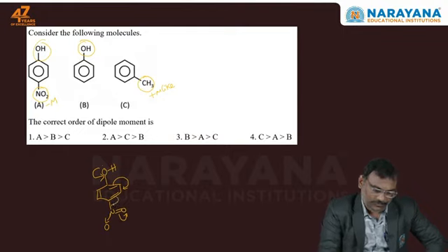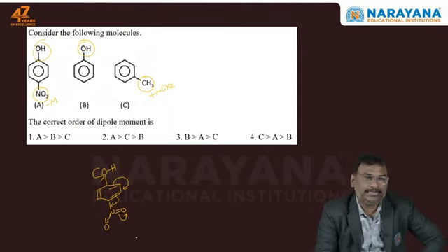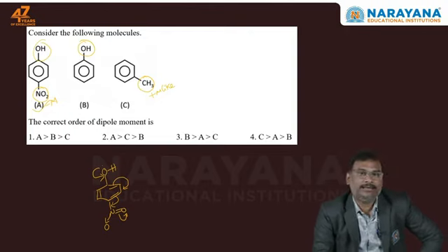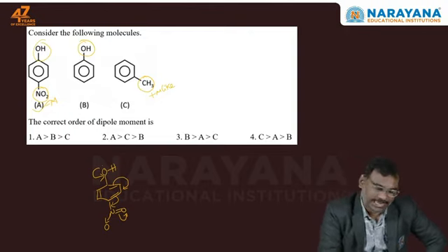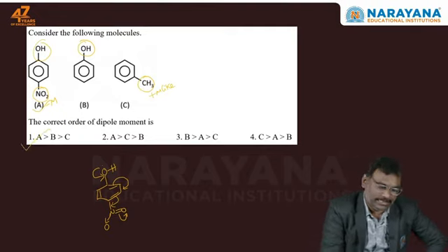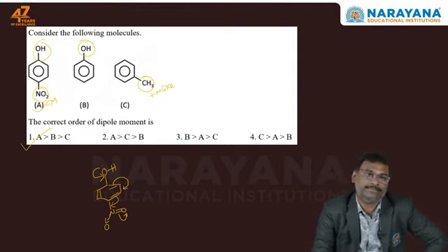So electron flow will be like this. Because of that, the electron density into the ring is more in A than in B. Next, in C, the electron flow is due to hyperconjugation, rather than plus M, so it is less. That's why the correct answer for the given question is A greater than B greater than C.